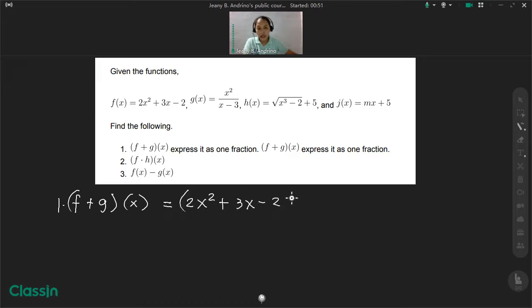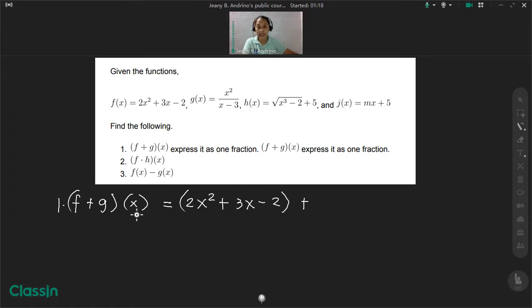What I normally do, I'm going to put inside a parenthesis the function that it stands for, so that later on, once I go back and recheck if I've committed a mistake, I can take a look if I have the correct function replaced. And then we go for plus, because we have plus for the two functions.